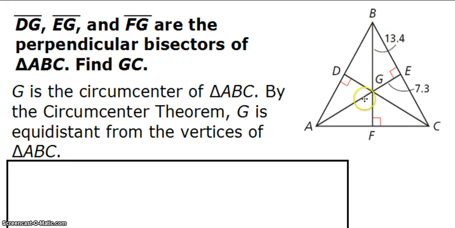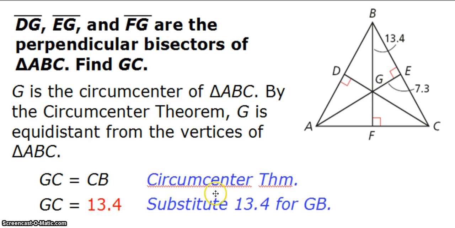In this case, we're asked to find GC, which is congruent to GA and GB. GC is not given. Do we know GA or GB? We do. Look here. We know GB is this length, 13.4. Therefore, GC is 13.4. And we can also say that GA is 13.4, by substituting, using what we know about the congruency of those segments.